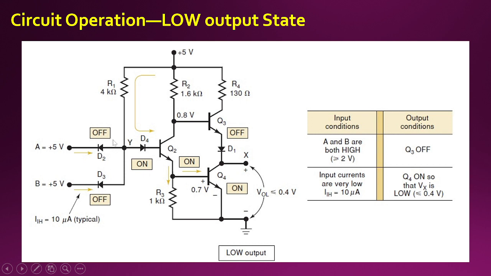Hence this particular diode D2 will be in the non-conducting state. Similar situation is true for the diode D3, where the N type is connected to +5 and the P type is connected to +5 again via the resistor R1. So both the diodes D2 and D3 are isolated, or we can say not conducting.